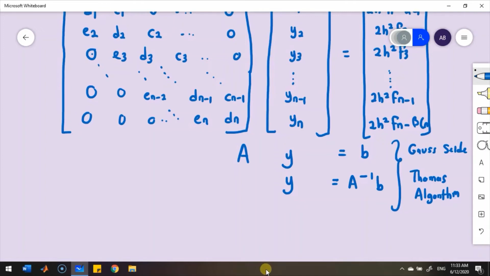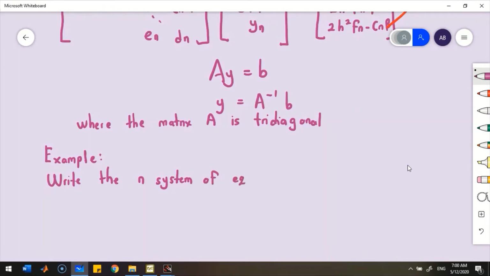Let's look at one example on how we can actually write this in the form of a system of linear equations for 1 plus x squared y prime.